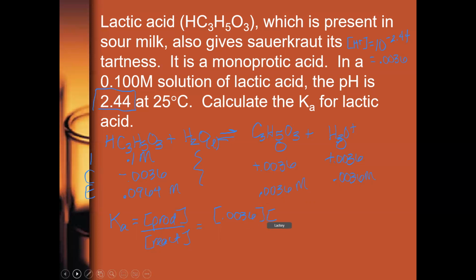We have the hydronium, which is 0.0036. And then we have the lactic acid on the bottom, the 0.0964. And we figure out that our Ka value is equal to 1.3 times 10 to the negative fourth.